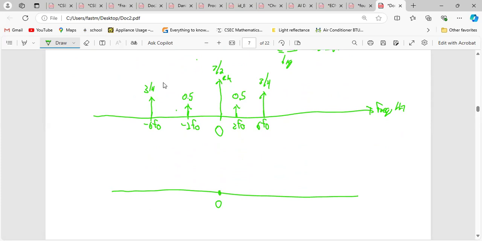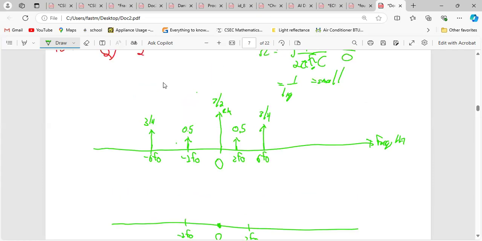So do not write anything at 0 hertz for the phase spectrum. That is the easiest way. DC doesn't have a phase because it's strictly just a magnitude. So that is 0.